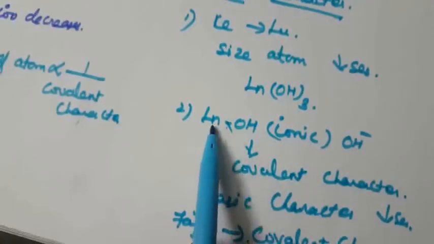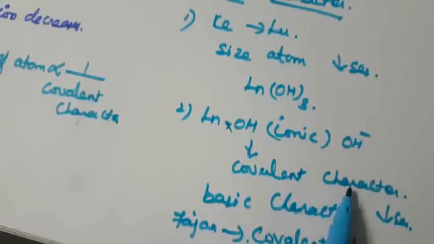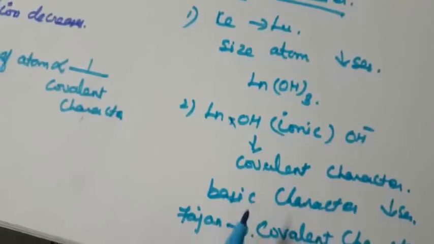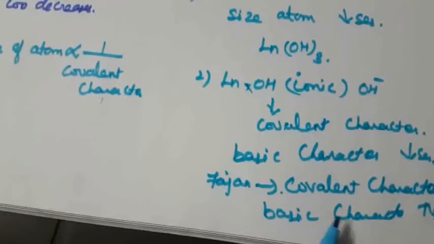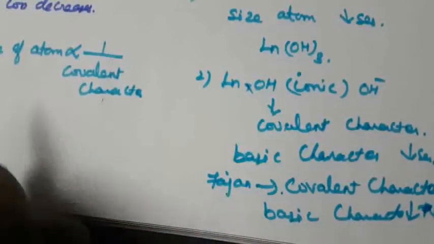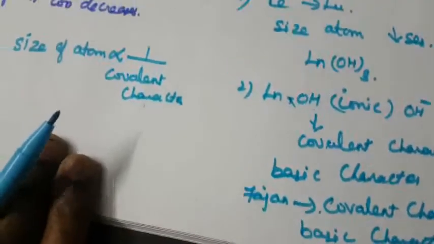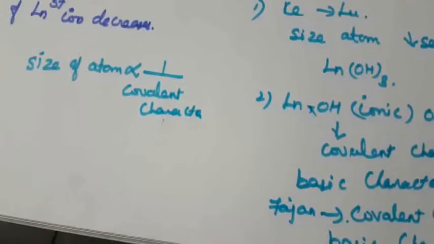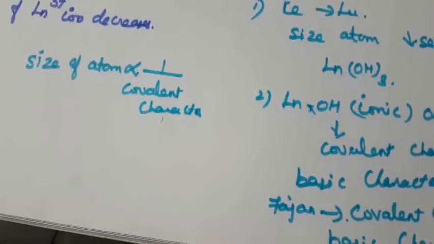But if the Ln-OH bond has covalent character, the basic character decreases. What is the reason? According to Fajan's rule: as covalent character increases, basic character decreases. So the size of the atom is inversely proportional to the covalent character. This is the first point.